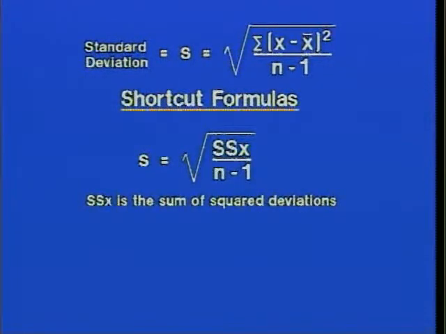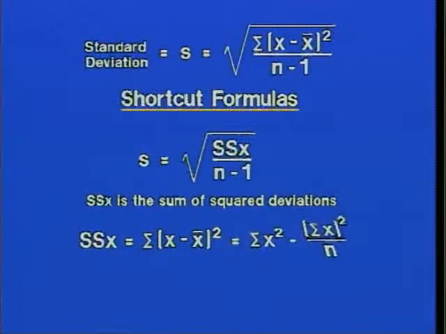Well, it turns out that if we take that SSX, which is the sum of squared deviations, and perform some algebra on it, it's equal to the sum of x squared, the sum of all of the x values squared, the sum of a column that would be composed of that, minus the sum of the x's all squared over n.